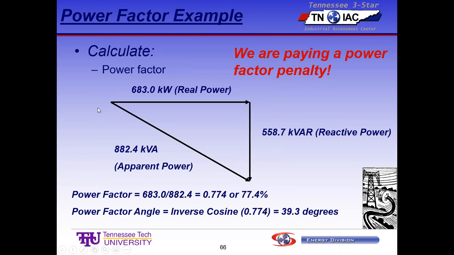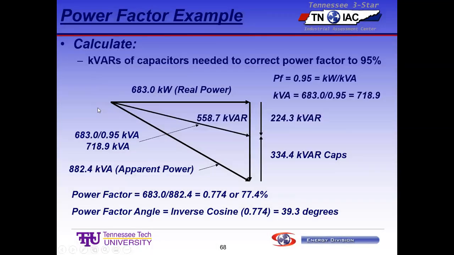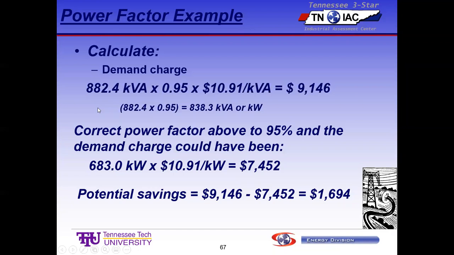So the number that changes is the apparent power. They say 95% is your threshold, so we'll just take that kVA and take 95% of it.